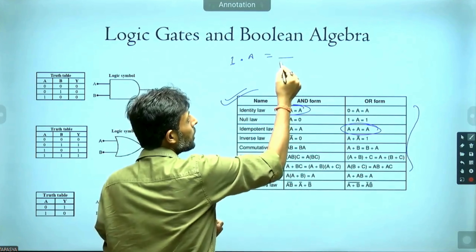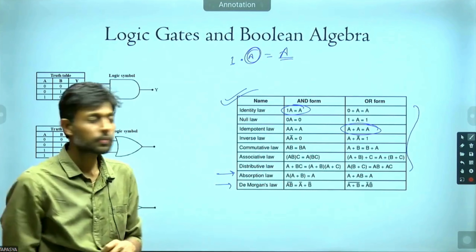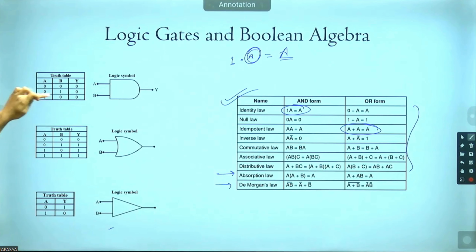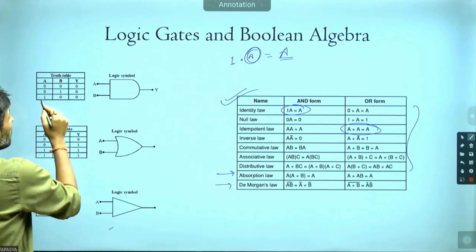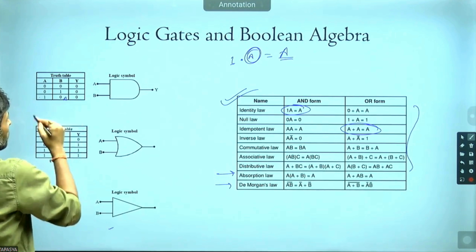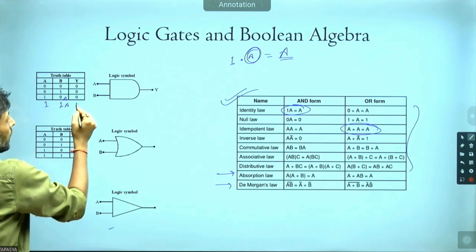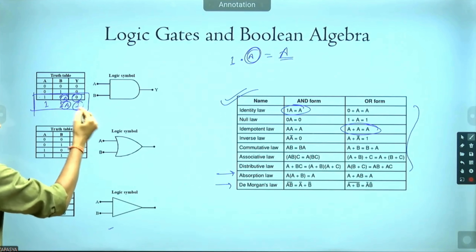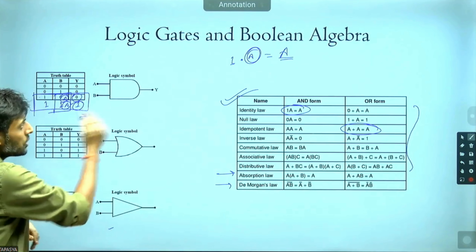That whatever result we are getting here, it's matching this thing, isn't it? If you look at the truth table of the AND gate, 1 and 0 will give you 0. So let's say this is your A, and 1 and 1, if this is your A, is 1. If you just look at this part, isn't the A value here matching the A value of the result? So that's why we say this must be equal to this.